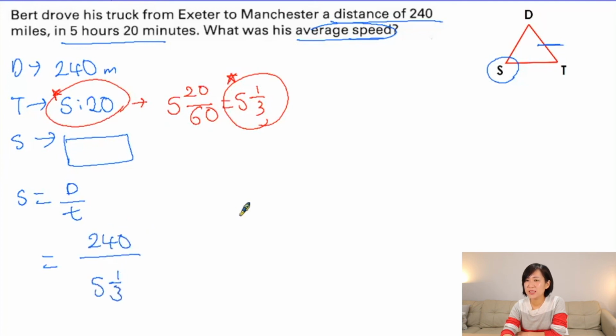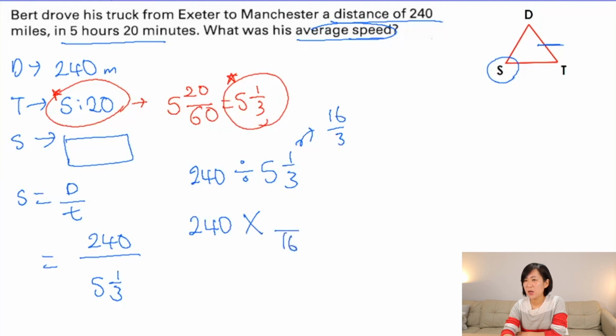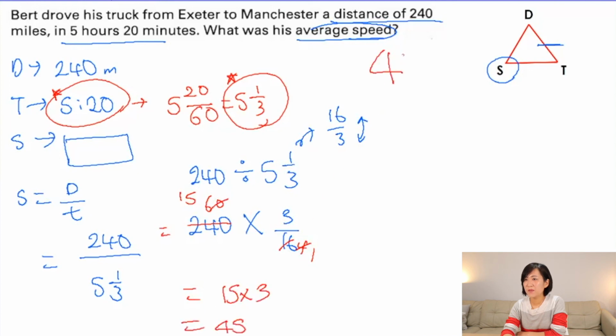So you need to change the mixed number into an improper fraction. That is 16/3. So flip over, so you've got 3/16, that we can simplify by 4, and again 15 times 3. So the average speed is 45. Check your unit, miles per hour.